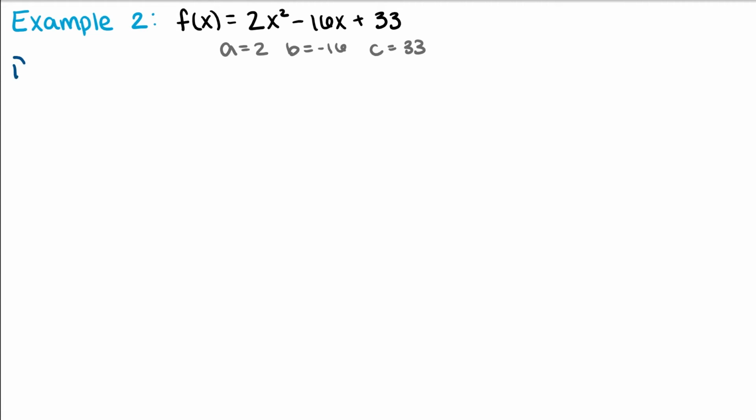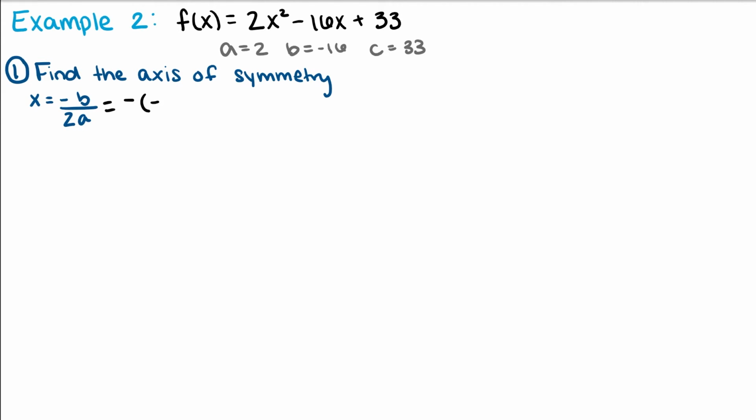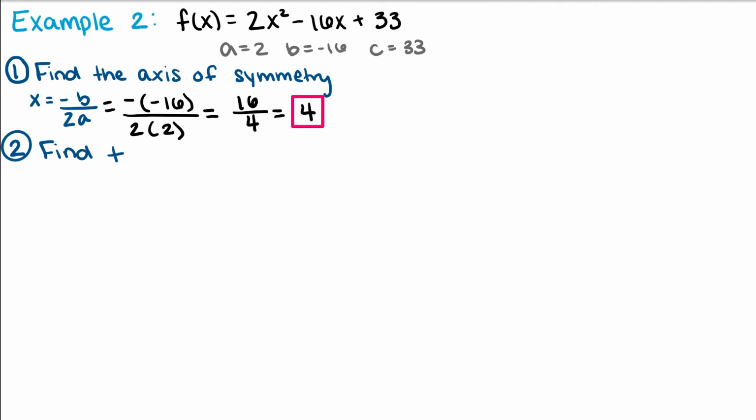First, let's find the axis of symmetry. Remember, our axis of symmetry is x equals negative b over 2a. For this function, it's 4. Next, we'll plug in 4 to find our vertex.